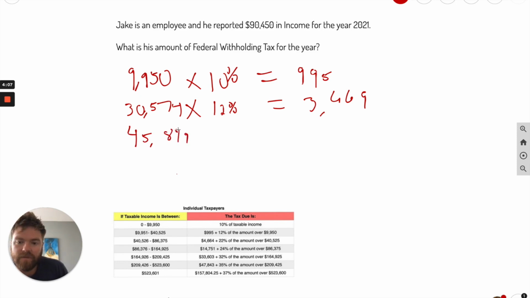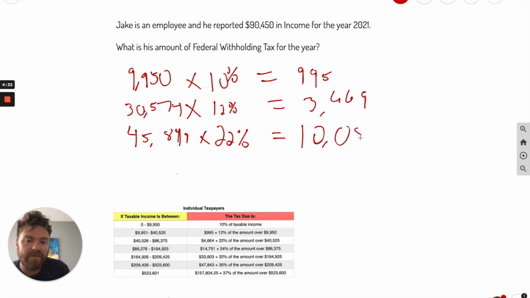We're going to multiply that times the next amount, which is 22%. So we take 22% there, and let's go ahead and multiply it. And we get 10,086, but it's .78, so we're actually going to round it up. So we'll do 10,087. So that is going to be that taxable amount there.